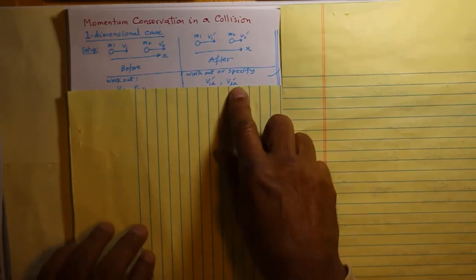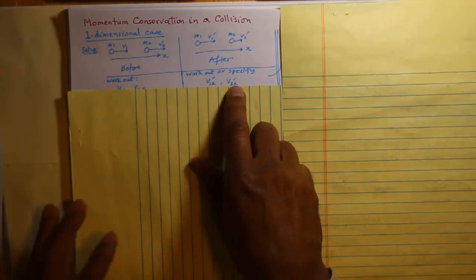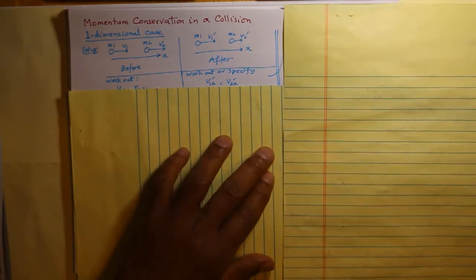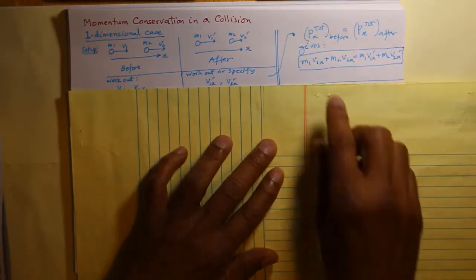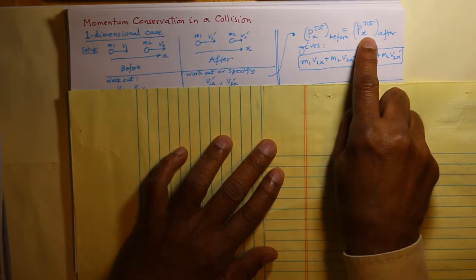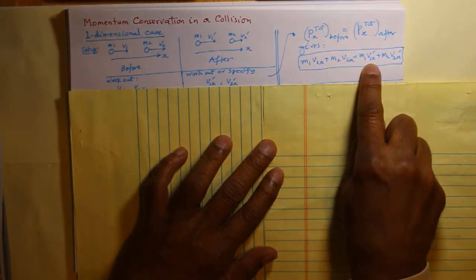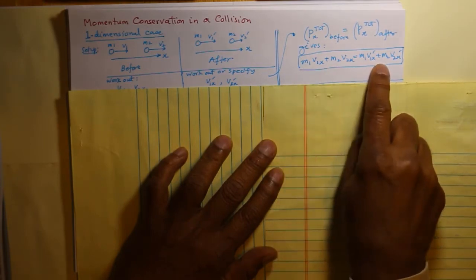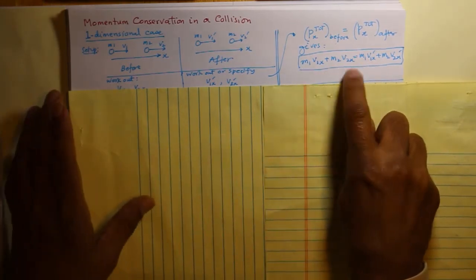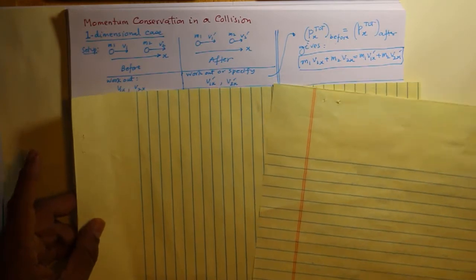And similarly here, you might just end up with a symbol here, and once you work it out, here is the momentum conservation along the x-axis, and then in terms of the full formula, it looks like this. We're going to have an example of this.